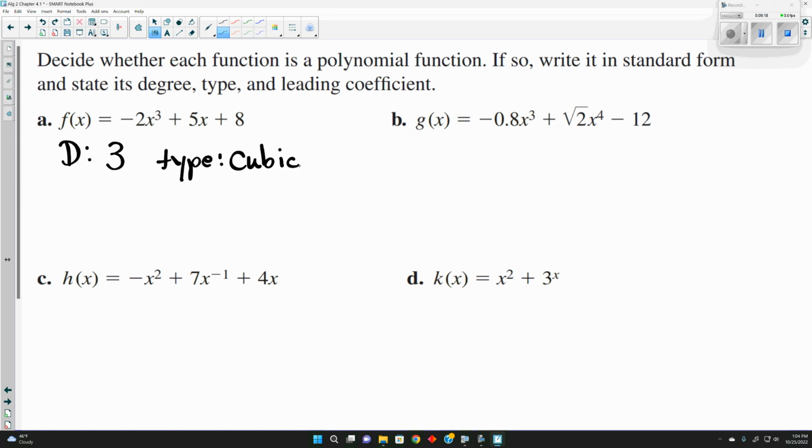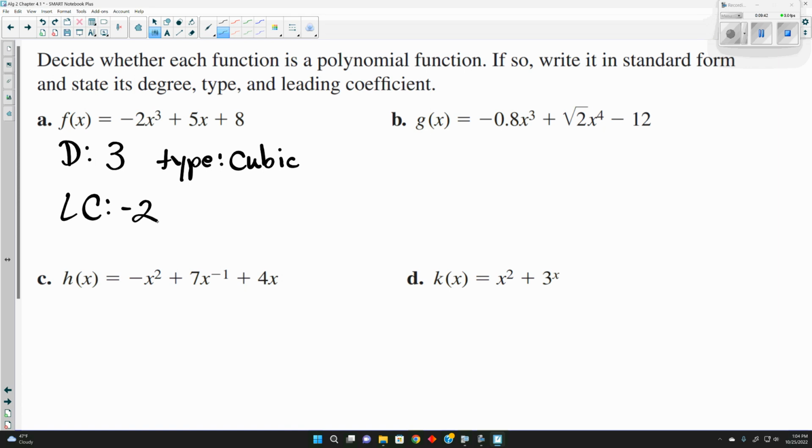It's a cubic function. And leading coefficient, negative, because the leading coefficient is always going to be the number in front of the variable with the biggest exponent. That's it.